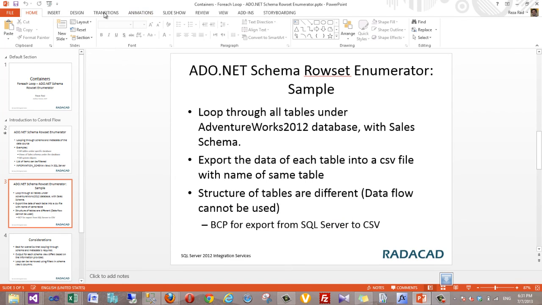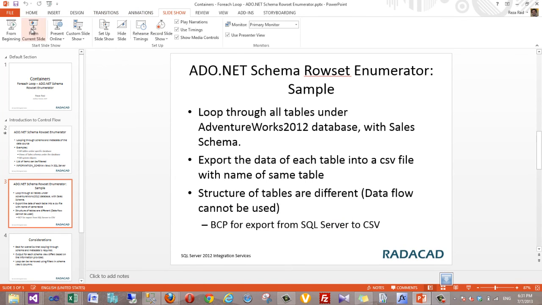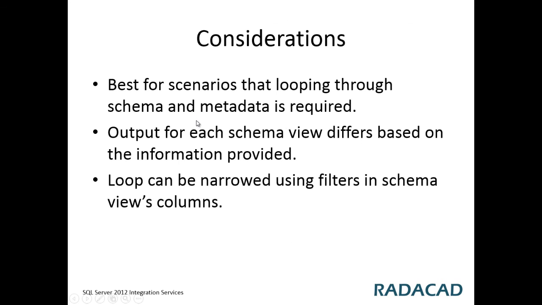So as a result, in this sample, you learn how to use this loop structure. The best scenario for this loop structure is looping through metadata and schema from the source, which you can connect with this connection provider. Output for each schema can be different based on the information provided, and a loop through this can be narrowed with the filtering that can be applied. Filtering also can be applied with variables as well.